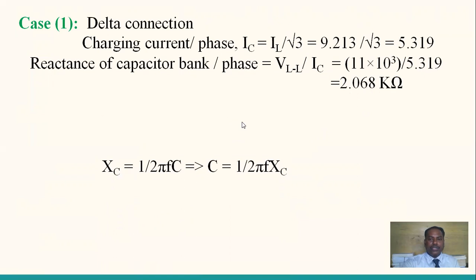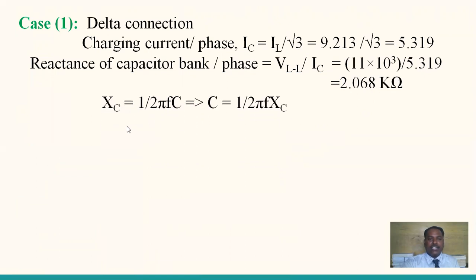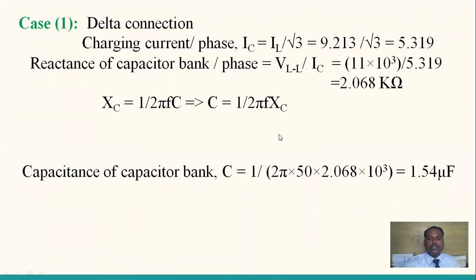So this can also be represented as XC is equal to 1 by 2 pi FC. Otherwise, C is equal to 1 by 2 pi FXC. So substitute the values.